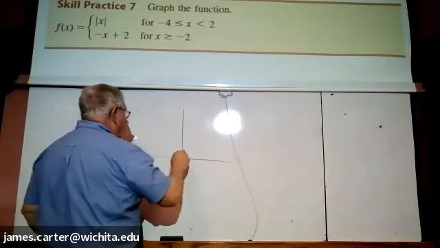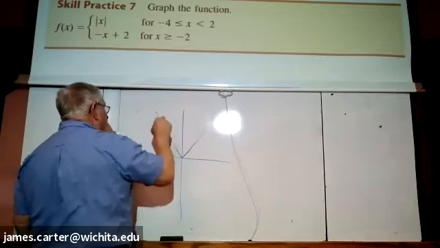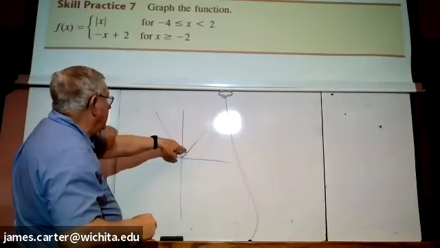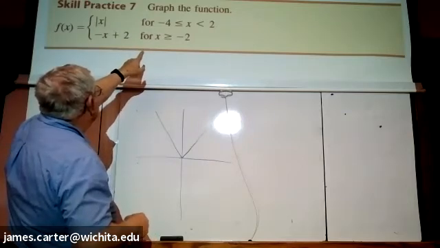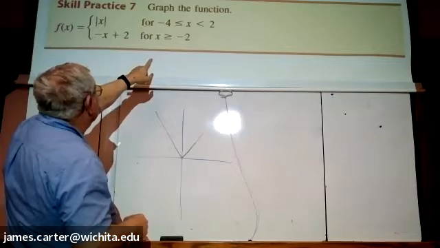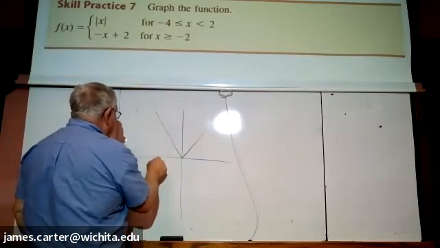Absolute value of x graph ordinarily would look like this. And these are at 45-degree angles, up 1 over 1, up 1 over 1. Now it says it only is good from -4 inclusive to +2.